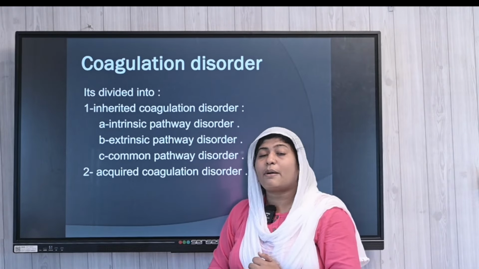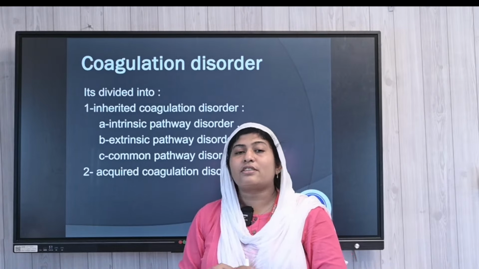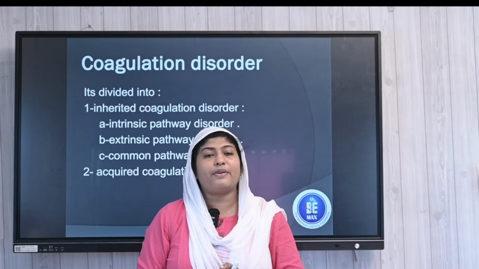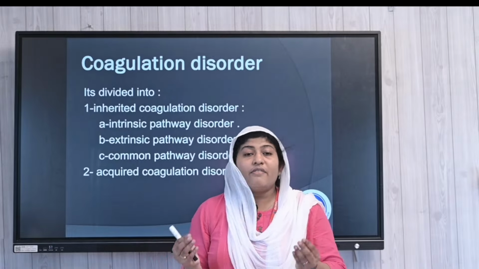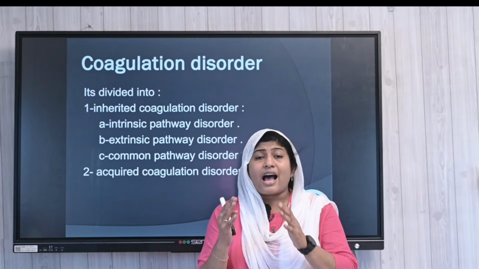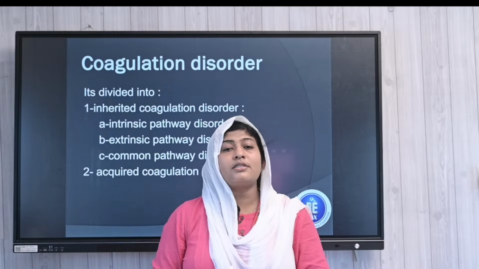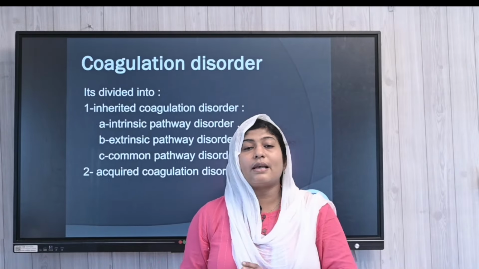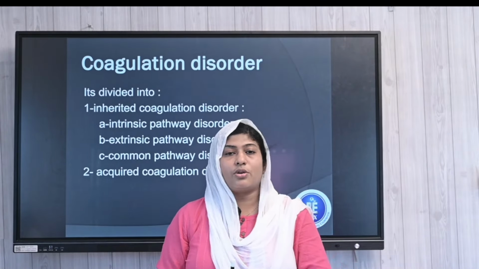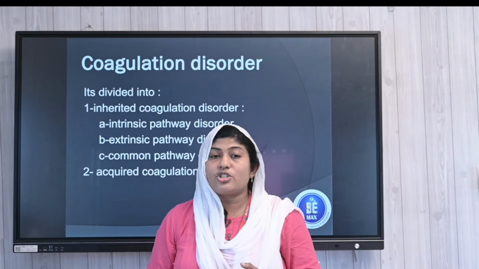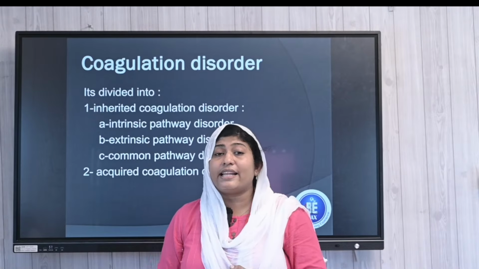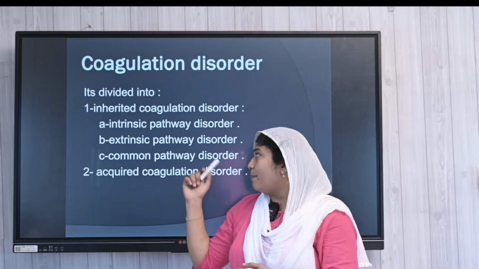When the intrinsic pathway is activated by surface contact, factor 12 is activated, and for support we need some cofactors also. Other than the 13 coagulation factors, to activate this pathway we need high molecular weight kininogen, pre-kallikrein and kallikrein.